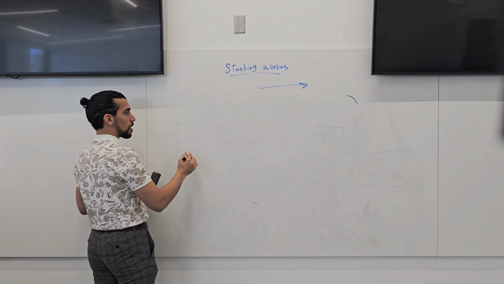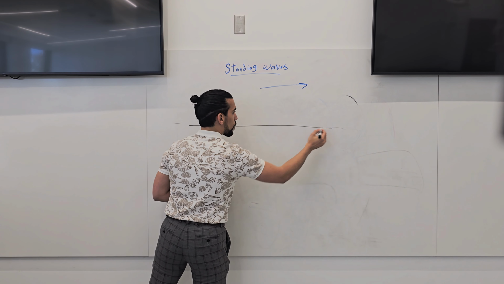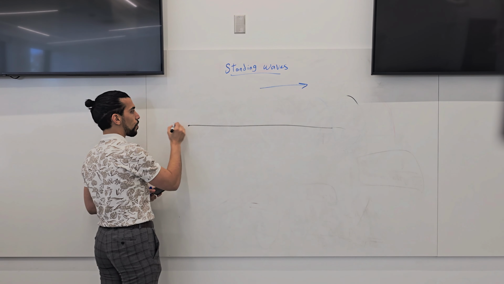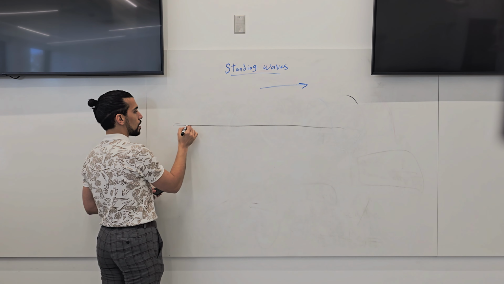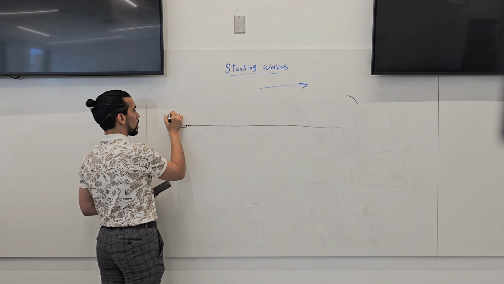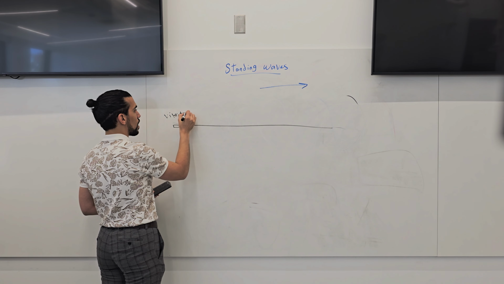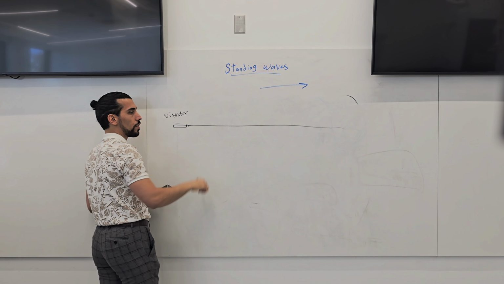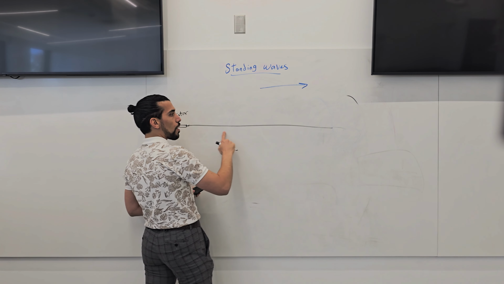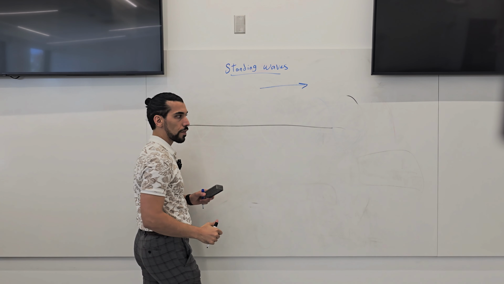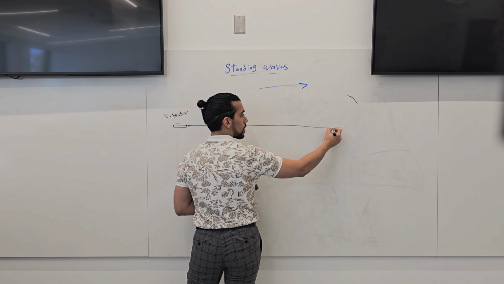we are going to get a string and we will attach the string here to a vibrator, some device that's basically vibrating, and create a transverse wave. And basically, to have a wave with the same amplitude, speed, and everything, we have to have a fixed point here.